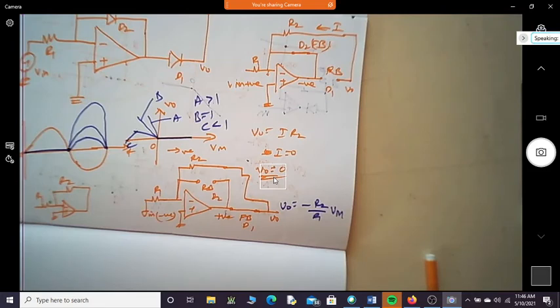What does it mean? I got it. So what does slope equal to 1 mean? The amplitude of your output is the same as the input, of course, with a 180-degree phase.